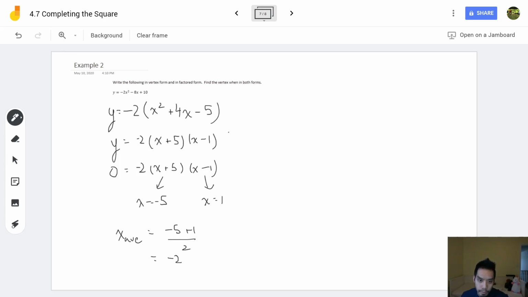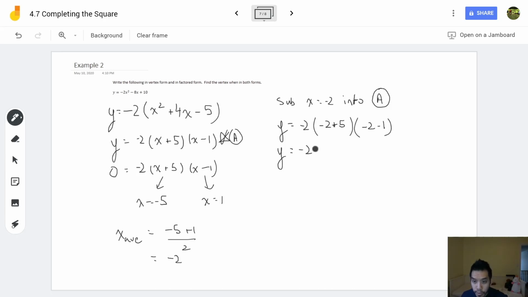I'm going to call this A. So sub x equals -2 into A. And so y equals -2 times (-2 plus 5) times (-2 minus 1). -2 plus 5 will be 3. -2 minus 1 will be -3. And we can multiply this together. 6 times -3 will be 18.